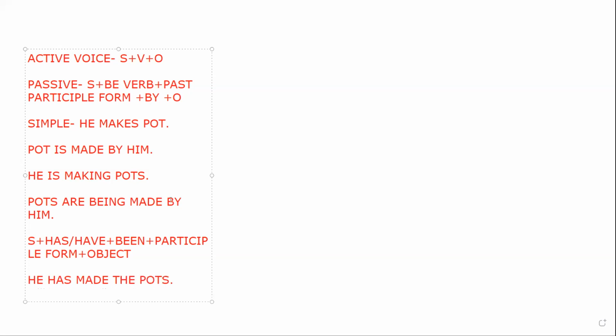So it will become pots have been made by him. Okay. So we have discussed simple present, present continuous, and also present perfect. Simple present is is or are plus the past participle form, present continuous is is or are plus being plus past participle form. Present perfect is has or have plus been plus participle form.